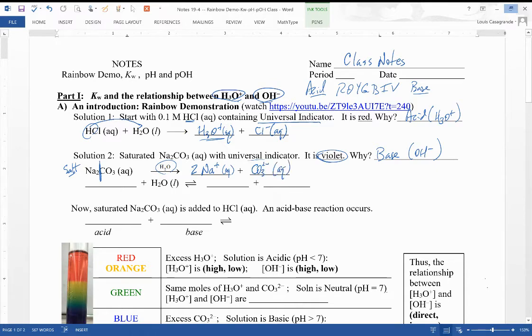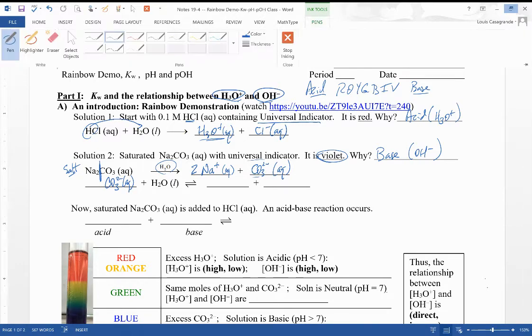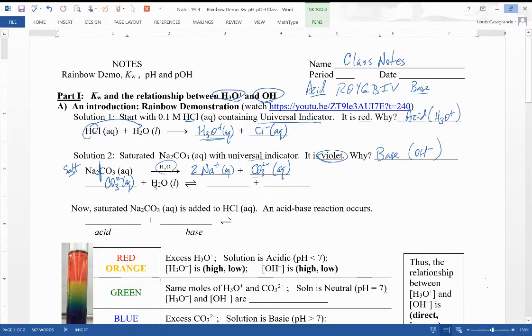Now, it turns out that carbonate is a base. And so carbonate as a base, CO3 2-, it turns out that it's the conjugate base of something that takes the H from water and puts it on here.